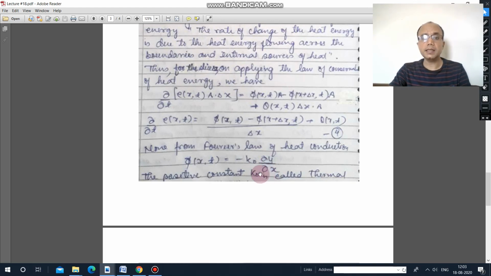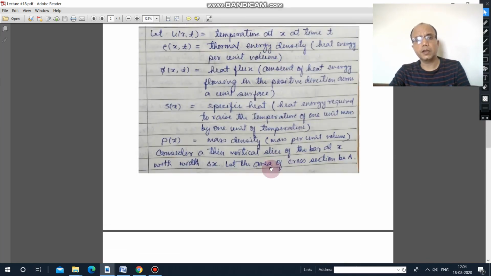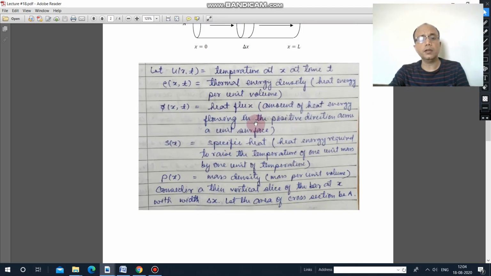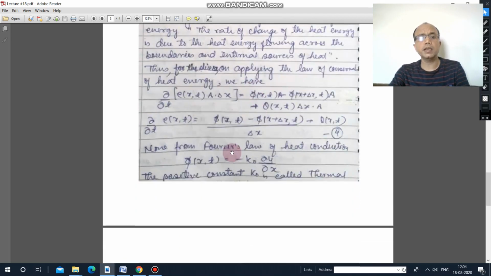Look at this, and the sign of this is minus. The change in heat energy depends on del u by del x. What is this? This is the change in u with respect to x. It means whenever this distance increases, the heat energy will decrease.